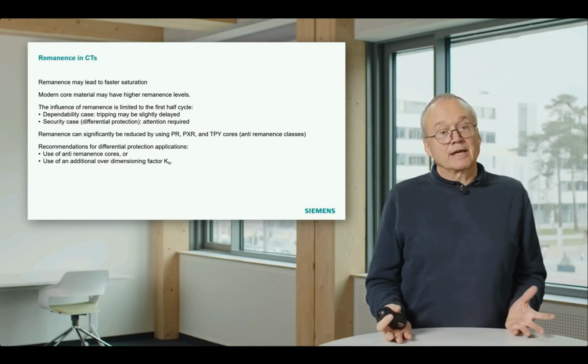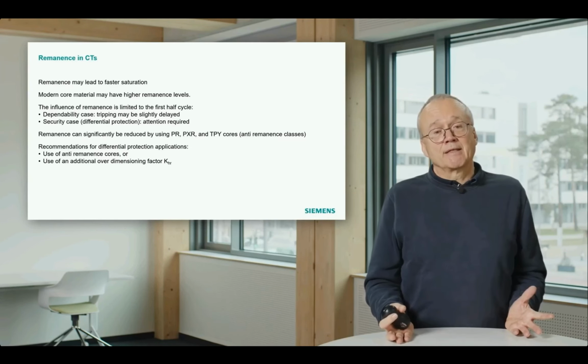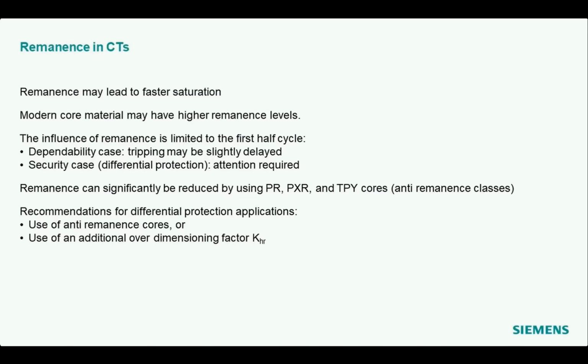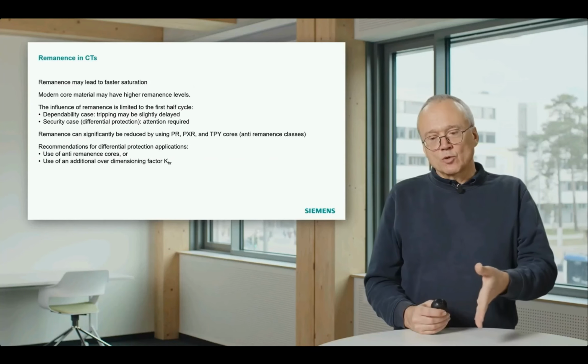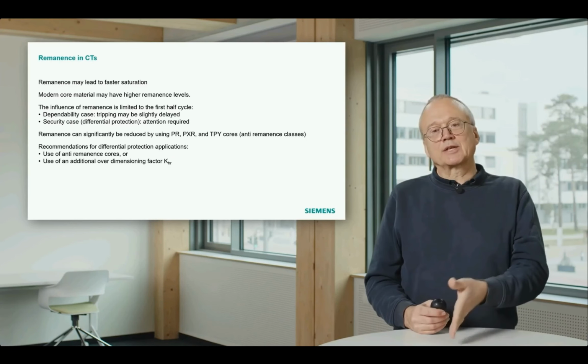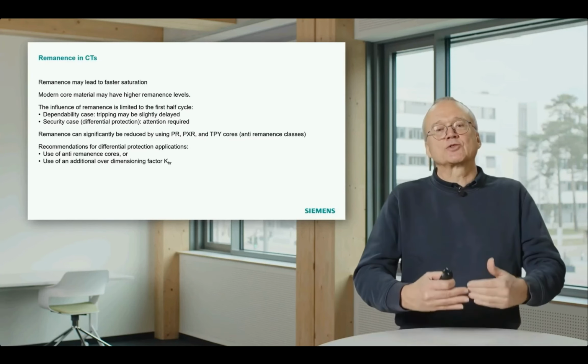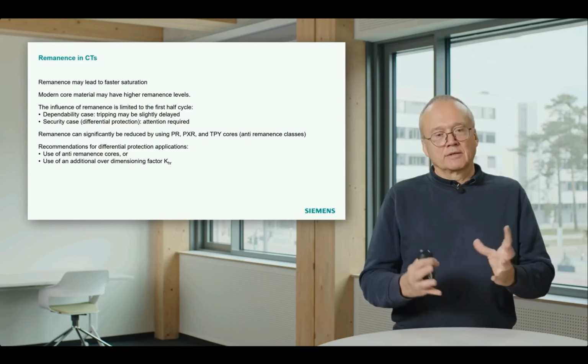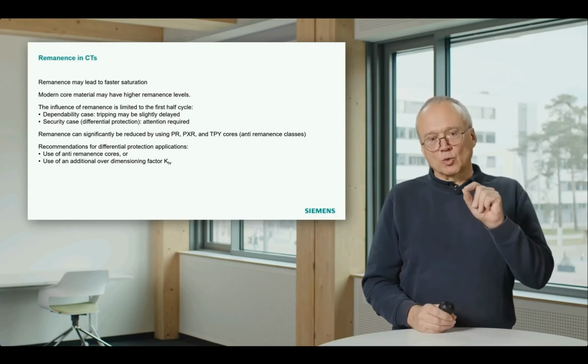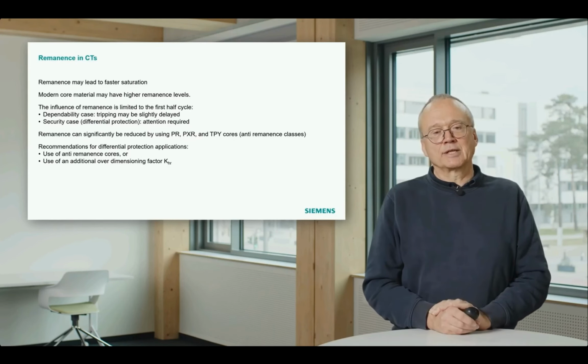And if that is not possible, then we recommend to use an additional over-dimensioning factor in conjunction with differential protection. That means you bring into this calculation an additional factor which leads to a bigger dimensioned current transformer to avoid over-functionality in case of remanence.